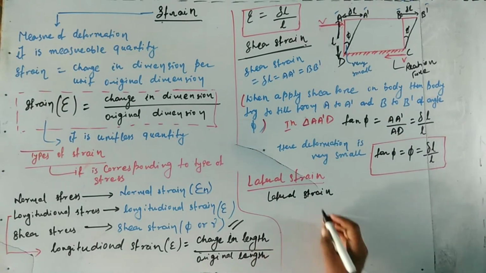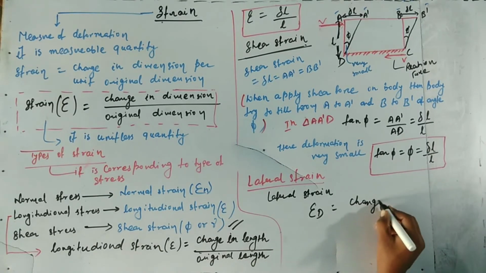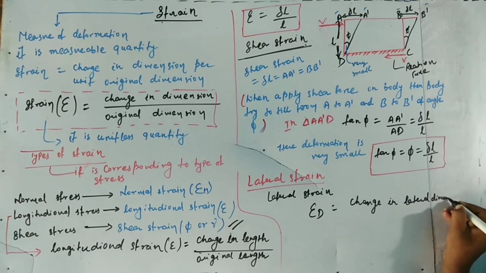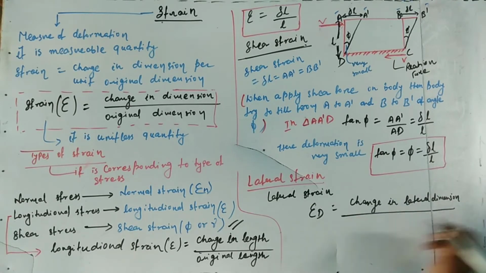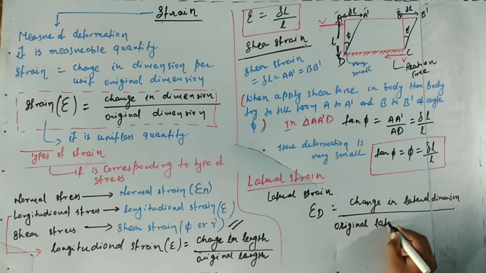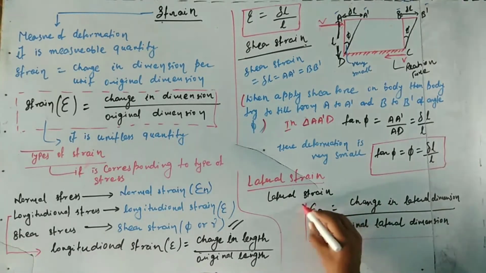In a simple way, it is equal to the change in lateral dimension divided by the original lateral dimension. It is called lateral strain. How is lateral strain produced? Now we will see.